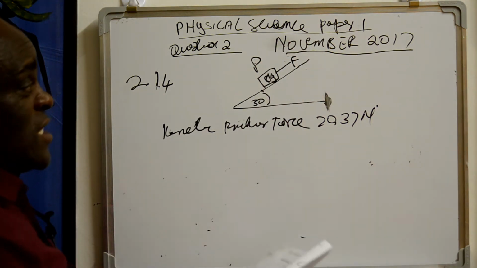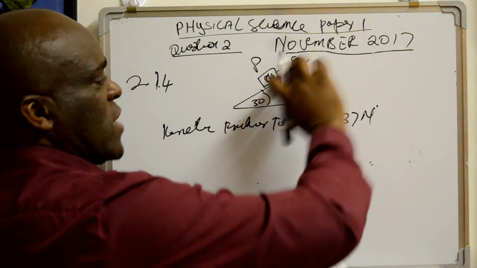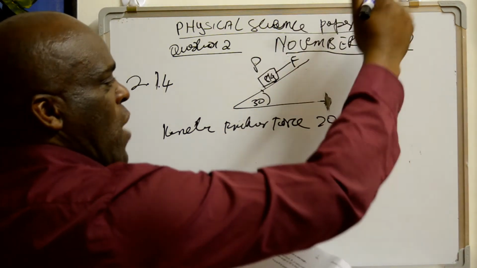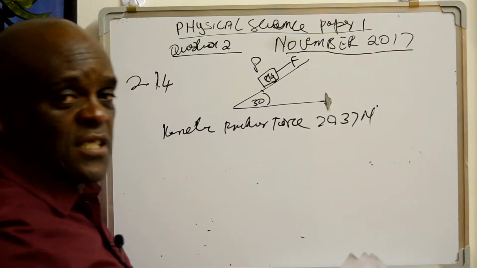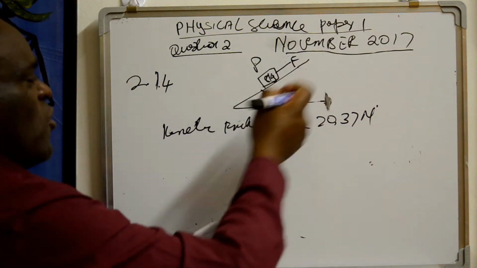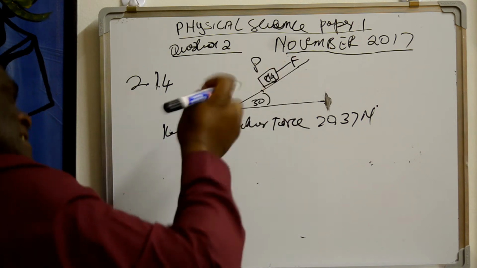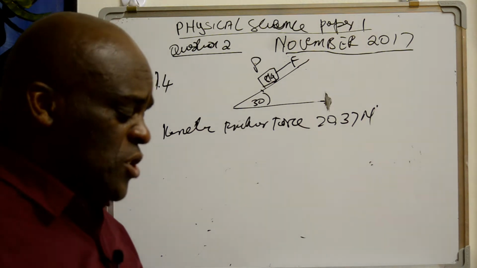The acceleration was 0 when the block was moving upwards with constant velocity. But now you remove that force, it moves down, it accelerates. Your acceleration in this question is no longer equal to 0.